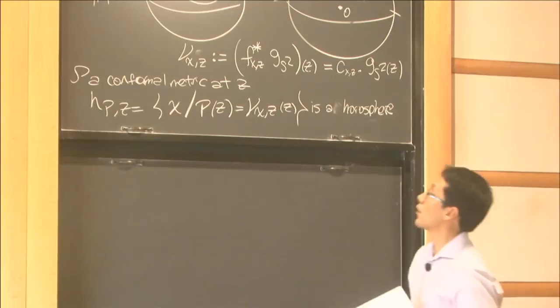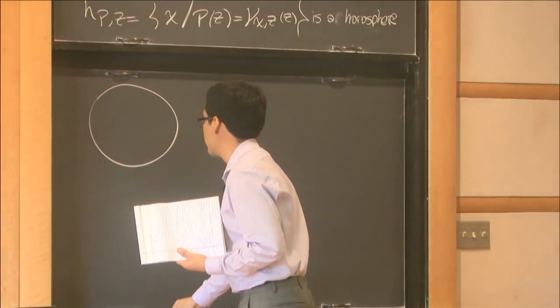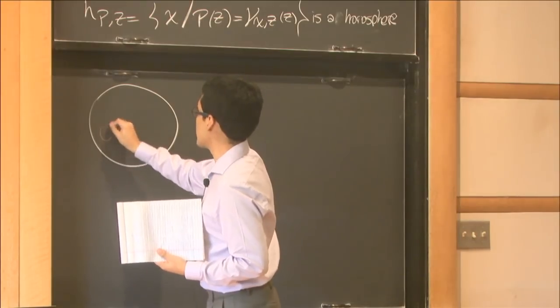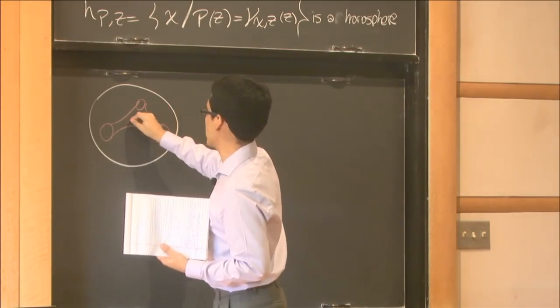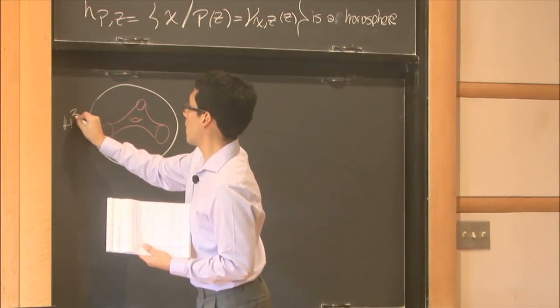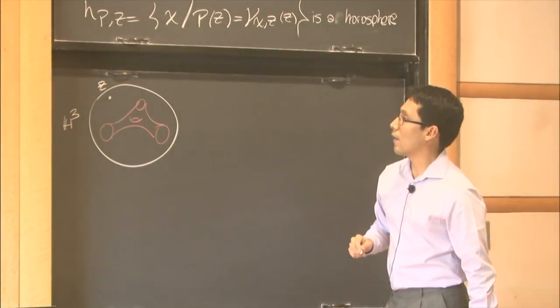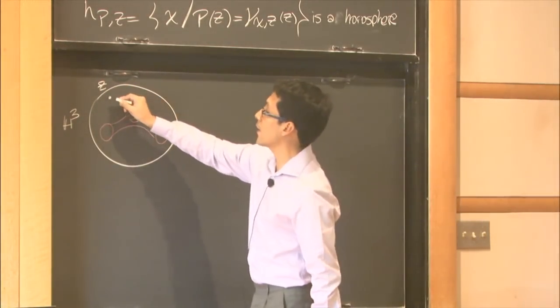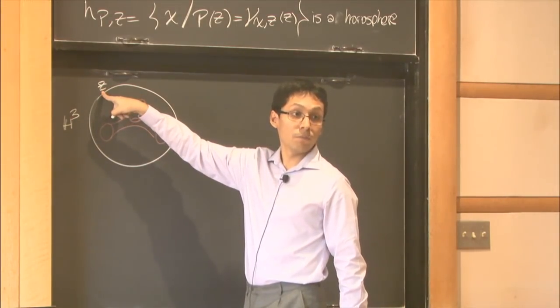This is useful because now we could do the following procedure. I'm going to imagine that I have an object inside H3. I have a point C. And I could now take a point in the complement of the closure.